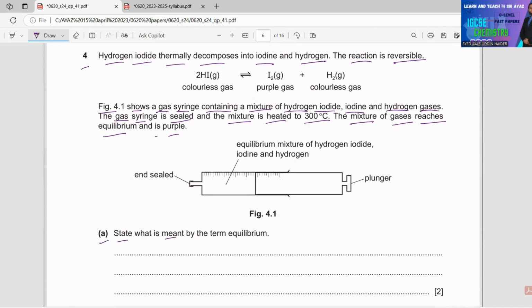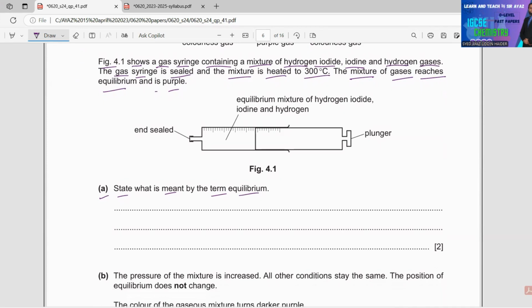A, state what is meant by the term equilibrium. Now they are asking the meaning of the term equilibrium. So remember, you have to refer to both forward and backward reactions, the rate of reactions in both directions.